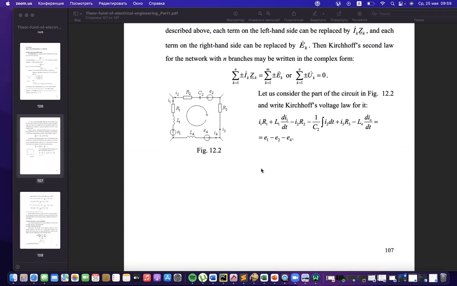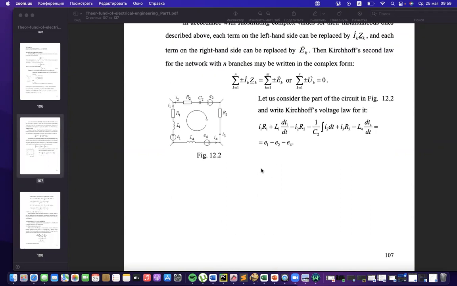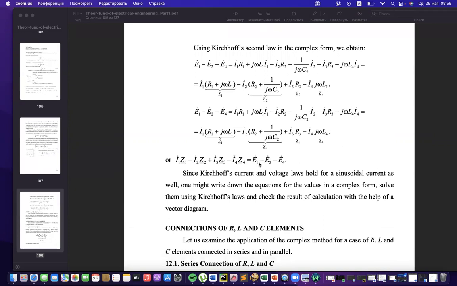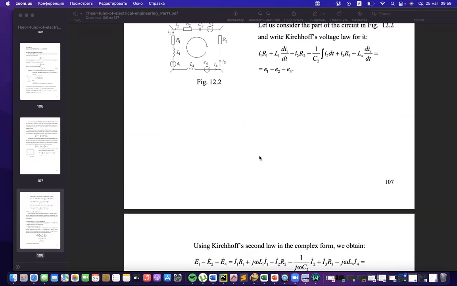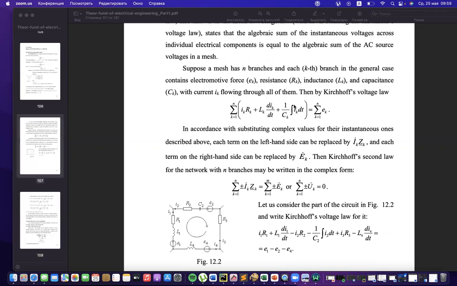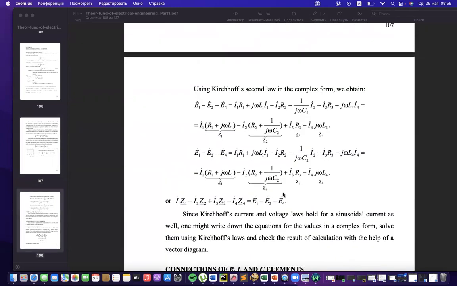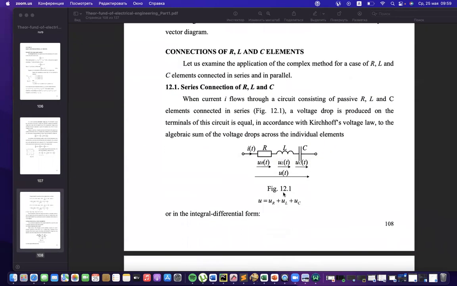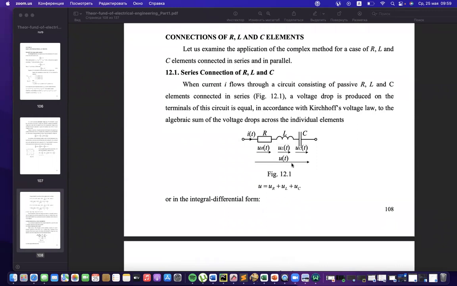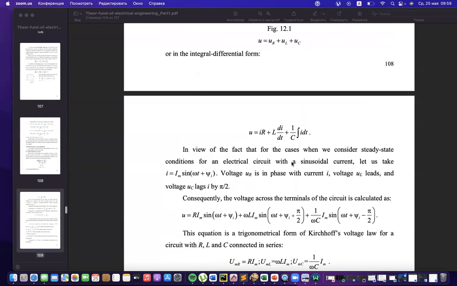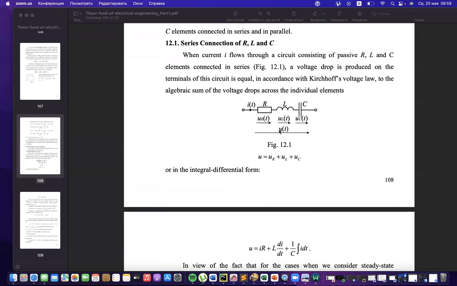Then we discussed the same law about voltages, that either in sinusoidal form or in form of complex vectors, the total voltage inside a mesh will equal the total electromotive force.